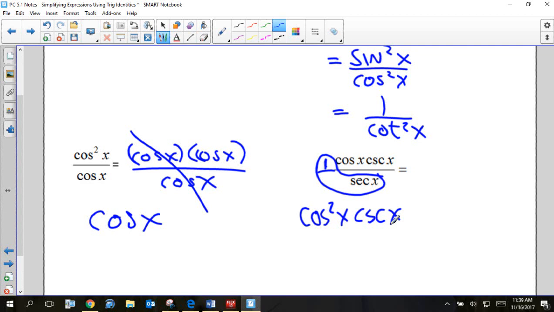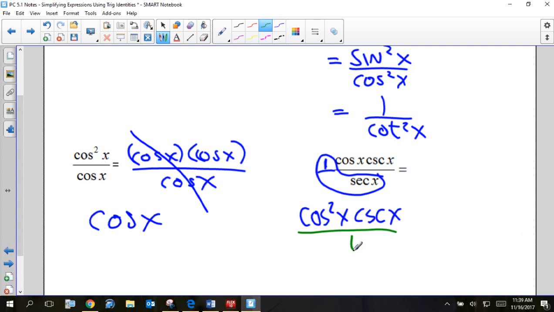There's something else I could do if I needed to, and I don't necessarily need to, but I'm going to go over it so you've seen it. What's cosecant x the same as? It's the same as 1 over sine x. And right now, cosecant x is not a reciprocal.